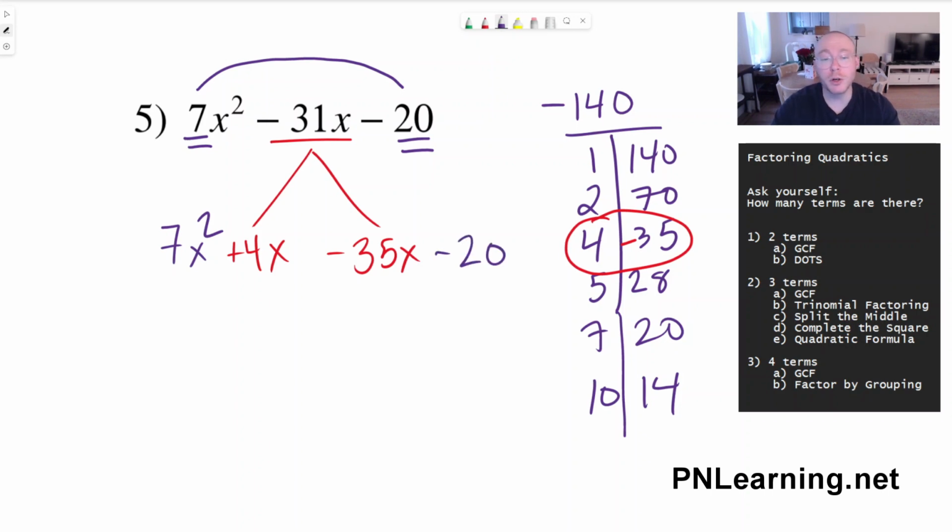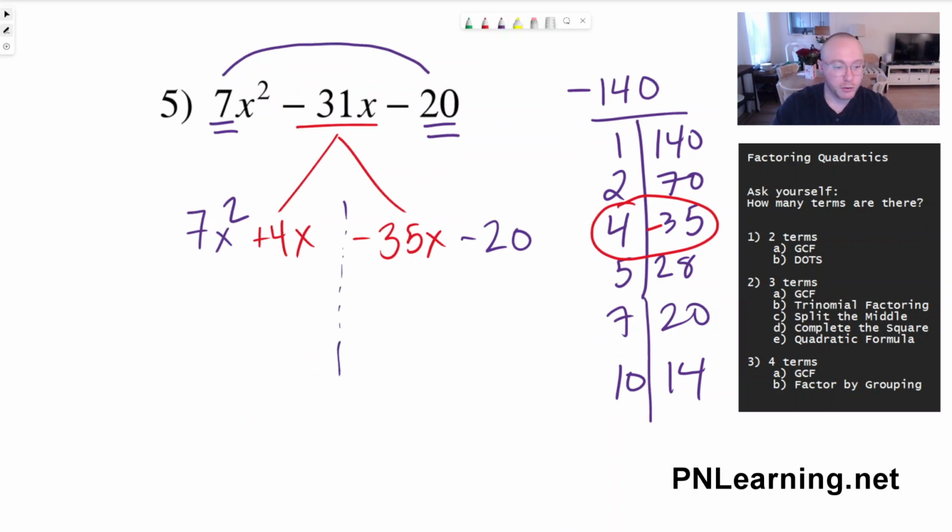So now we've got 4 terms, and we're going to do something called factor by grouping. We're going to basically pretend that this is 2 separate expressions. So let's look at these first 2 terms, 7x squared plus 4x. The numbers 7 and 4 do not have common factors, but they do both contain an x. When 2 or more terms contain the same letter, we just take the lower power one, right? This would be x to the first, or just regular x.